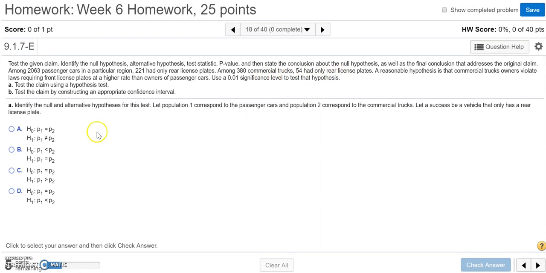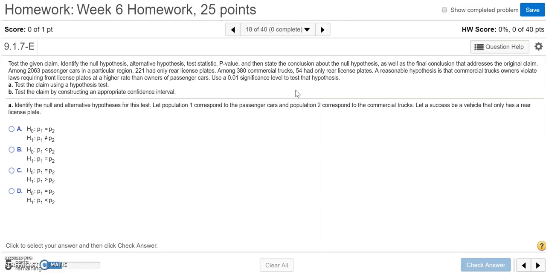So first, we're going to identify the claim. Based on the information we were given, these two proportions, 221 out of 2,063, and then 54 out of 380, give us the proportion of passenger cars or commercial trucks that had only rear license plates.